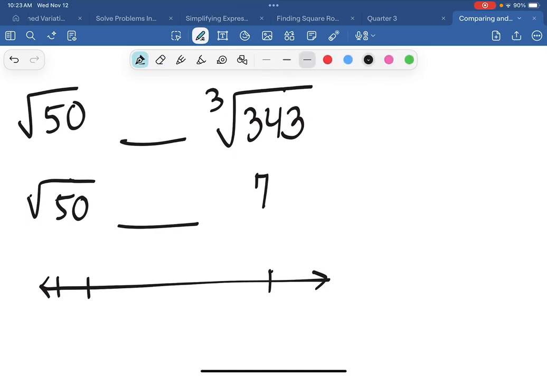Obviously, the square root of 49 is 7, and the square root of 64 is 8. So that means the square root of 50 is 7 point something because it is in between 7 and 8.